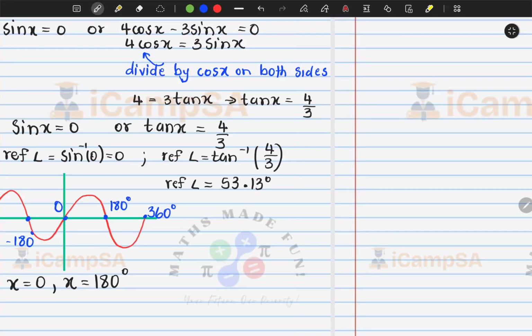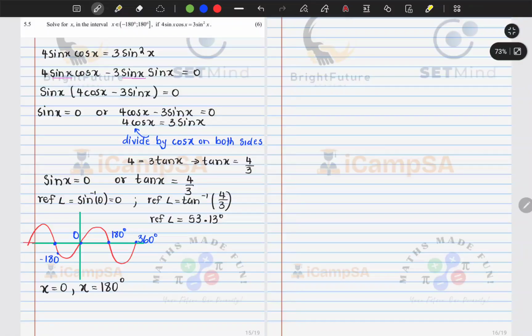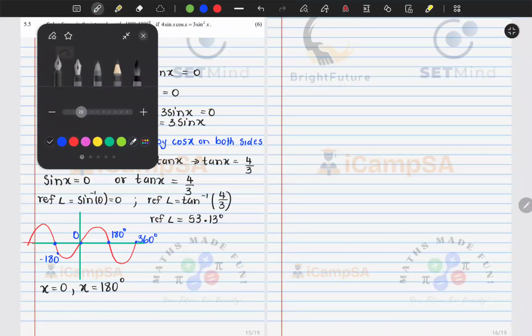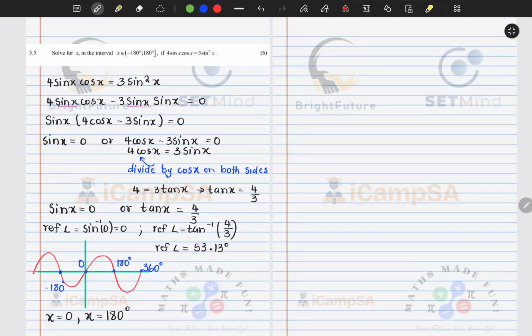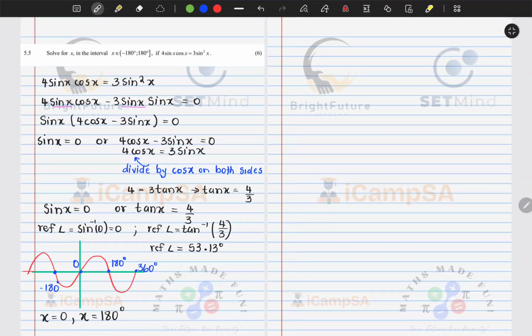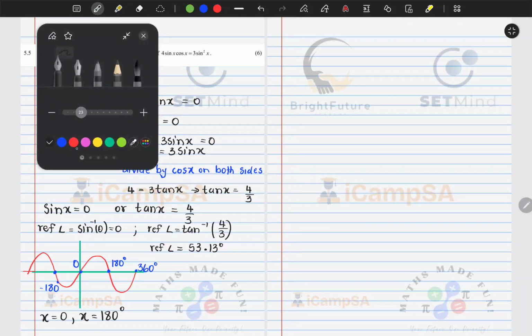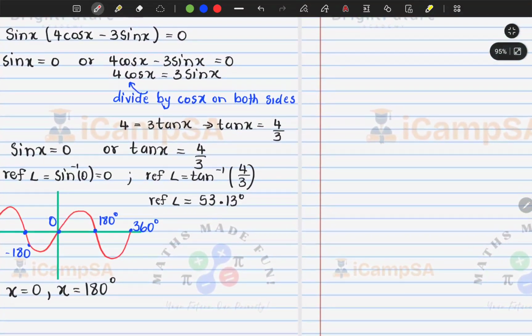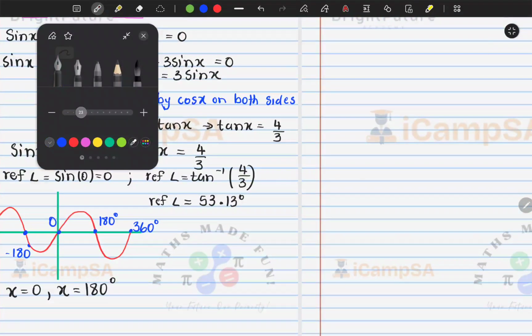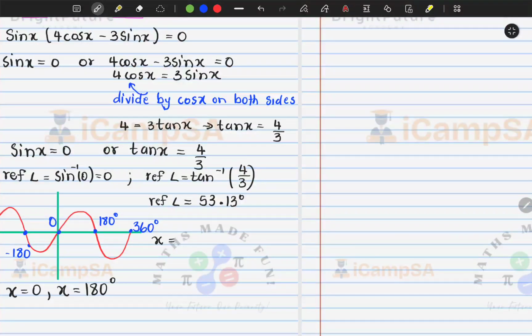53.13 degrees. But we need to remember, where is tan positive? Tan is positive, if you remember, in the first quadrant and the third quadrant. So now we need to figure out which other angle works here. So remember, we need to go to our general solution, which is x equals our reference angle 53.13. We're dealing with tan, so we're going to have plus k times 180 degrees.